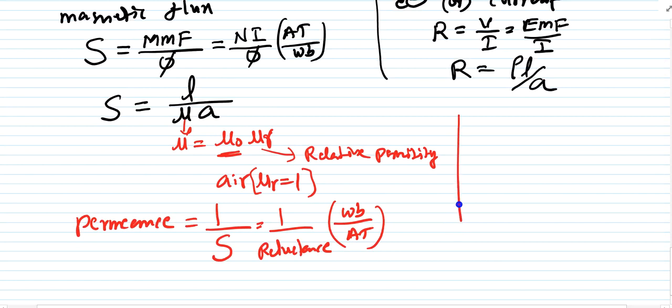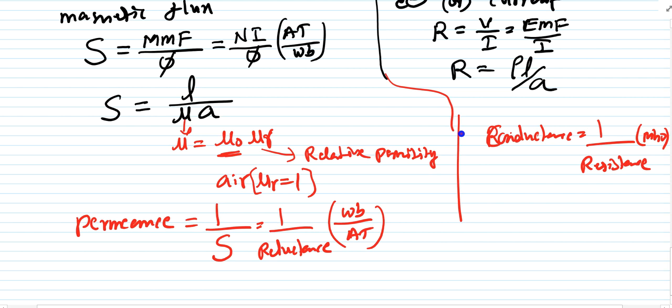Similarly, what is the reciprocal of R? It is the conductance. Conductance is 1 by resistance, and the unit of conductance is mho. That is the concept you have already gone through.